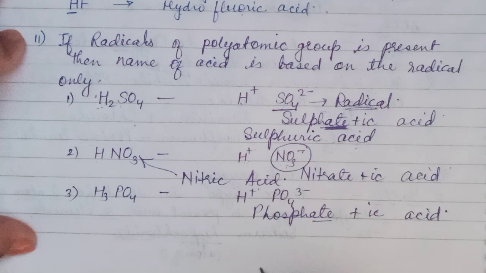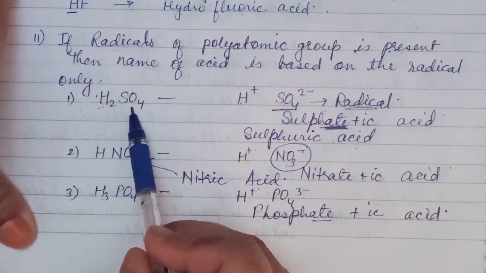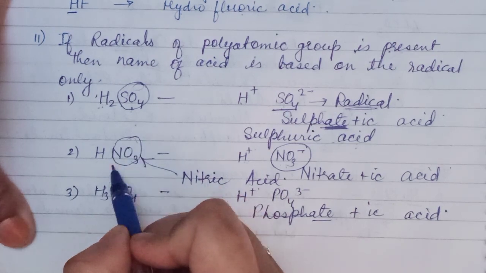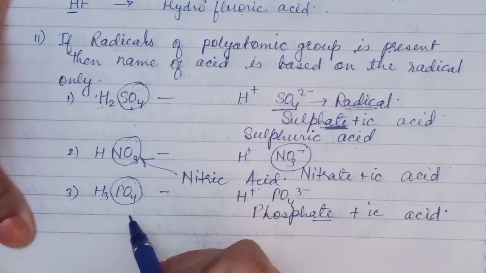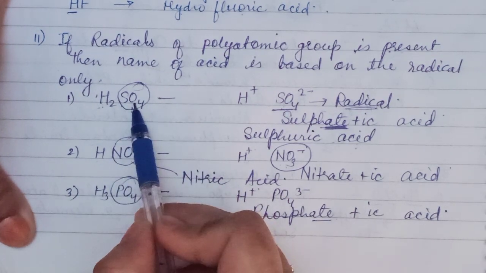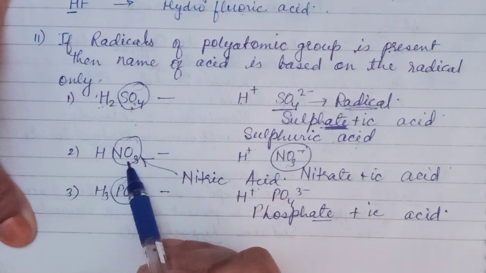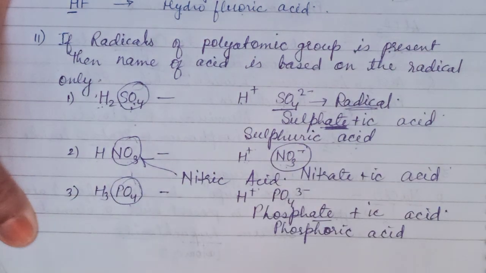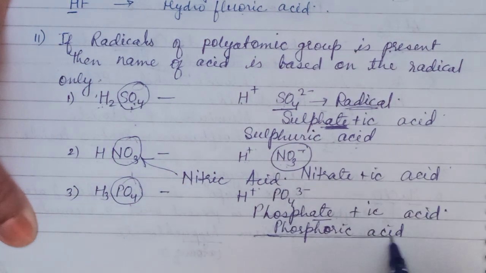Clear to you all? If any radical is present, SO4 sulfate, NO3 nitrate, PO4 phosphate, so it will be sulfuric acid, it will be nitric acid, and this will be phosphoric acid. So it is phosphoric acid.